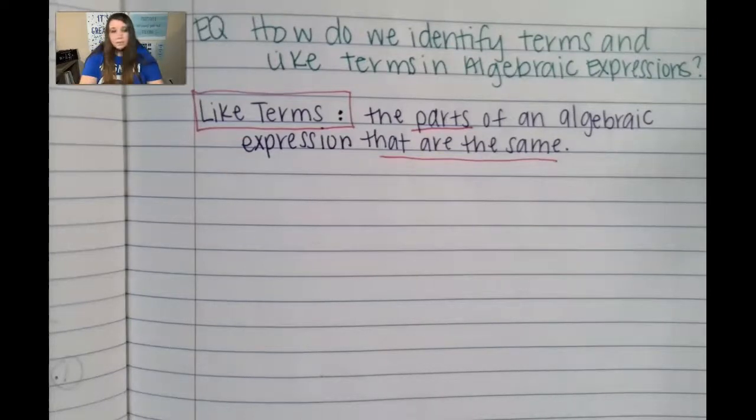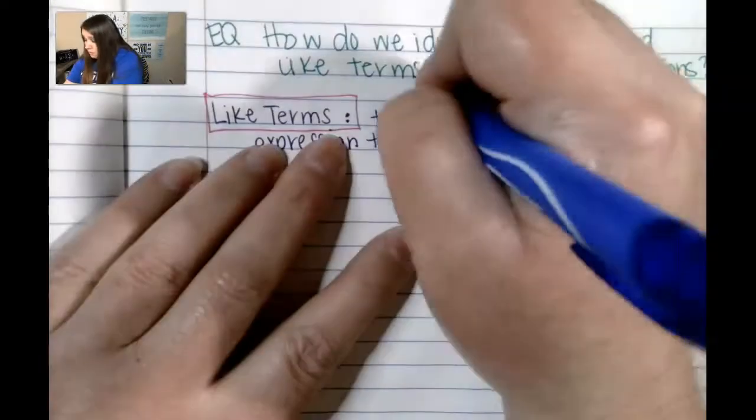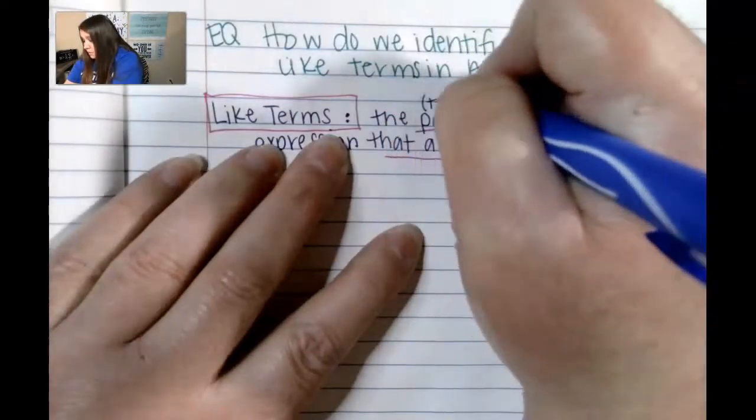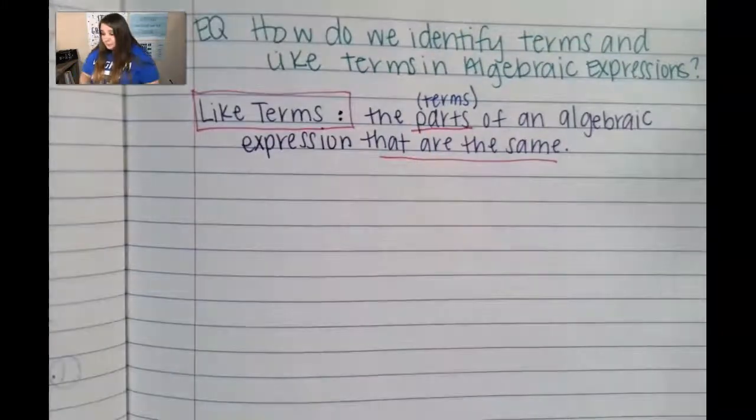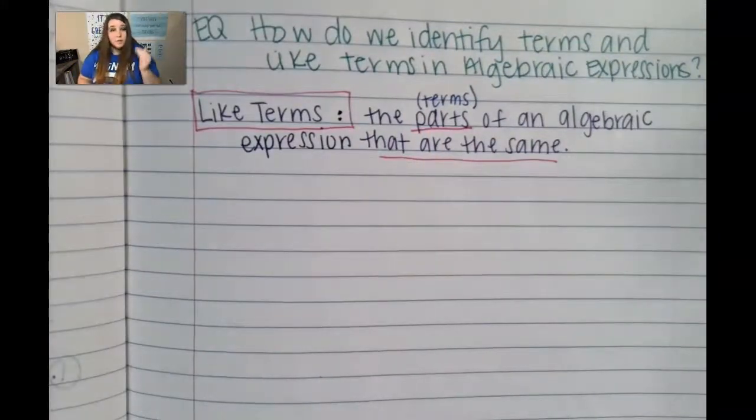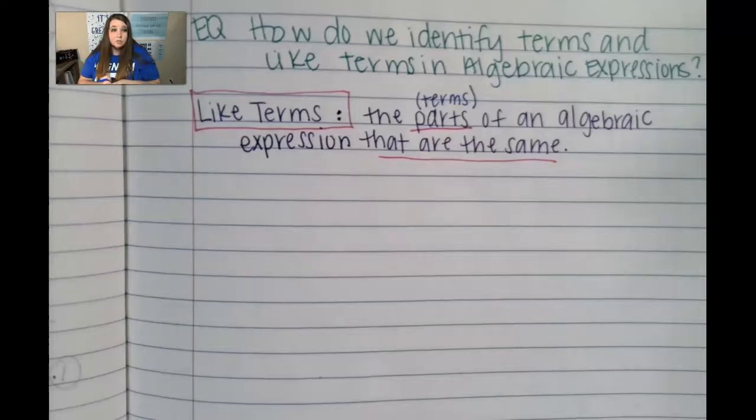All right, so example A, it says to identify the terms. So first we have to identify the terms or the parts. Maybe we could put terms in parentheses here. First we have to identify them, and then it wants us to put the things together that are the same, or identify the like terms.